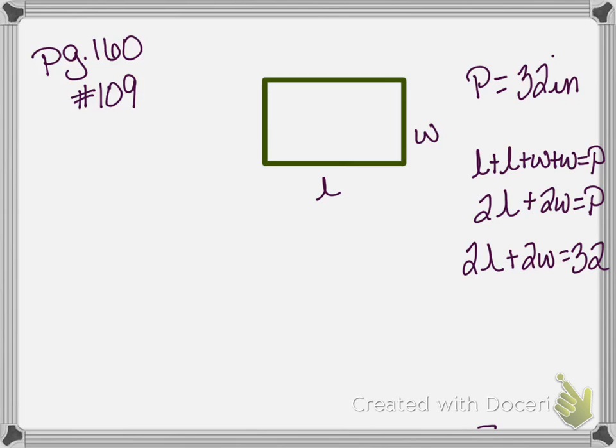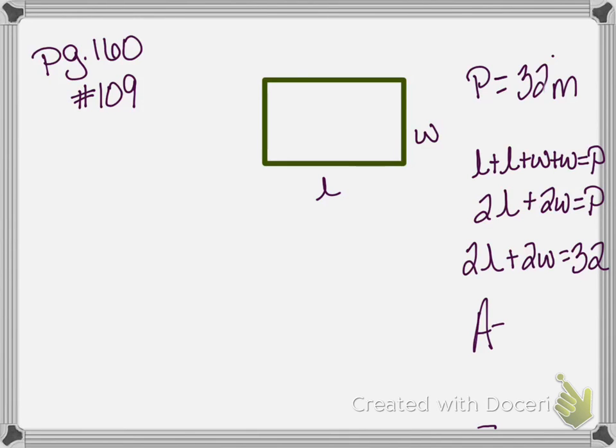Then it says the area is 48 square. Actually, we're talking about meters. My bad. I wrote inches, but we're talking about meters. So let me fix that. There we go. And the area is 48 square meters.